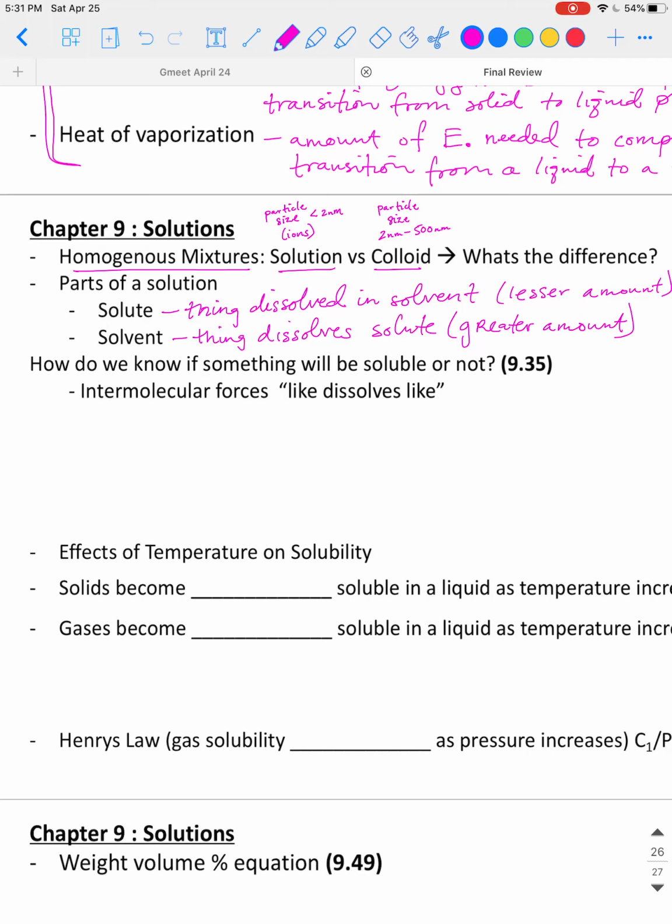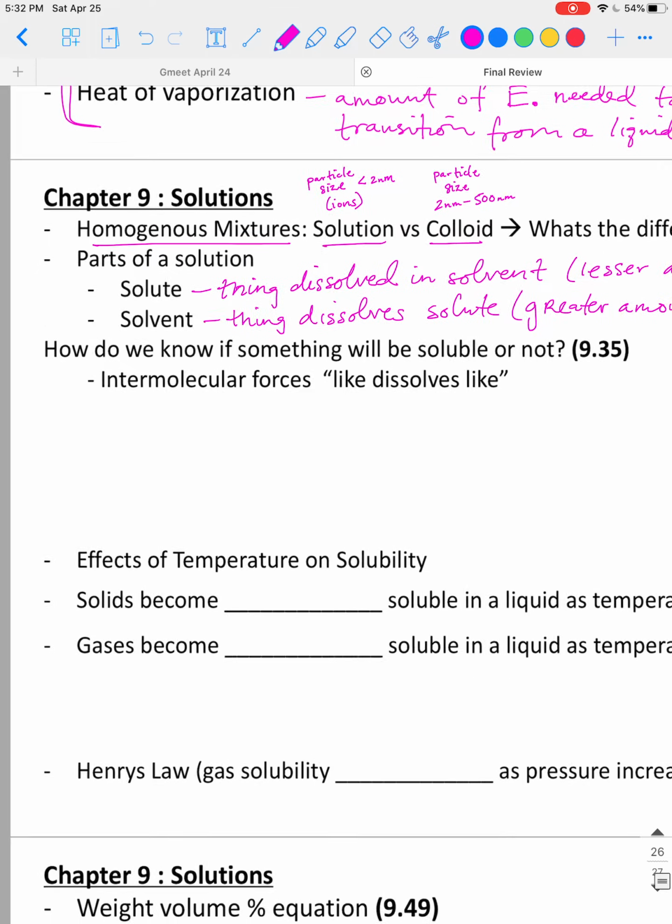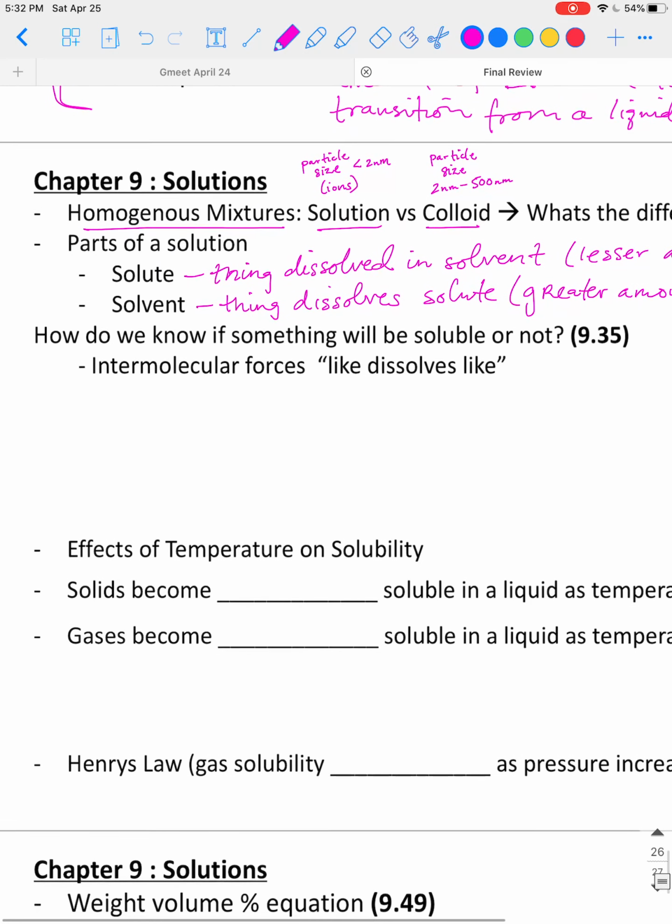Once we identified what a solution is and the parts of it, we then needed to look at how do we know when we're going to get a solute that is soluble in a particular solvent. And we had this phrase, like dissolves like, which is all pointing to the kind of intermolecular forces between solute and solvent particles.